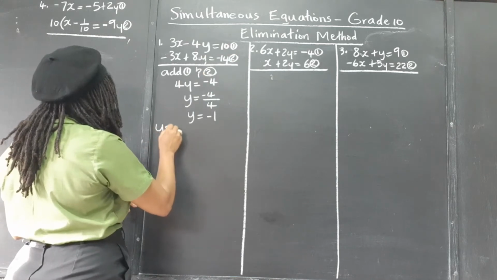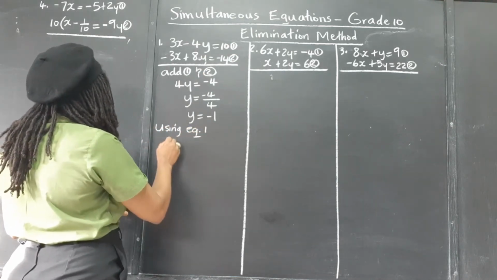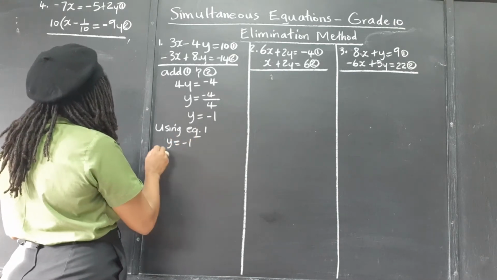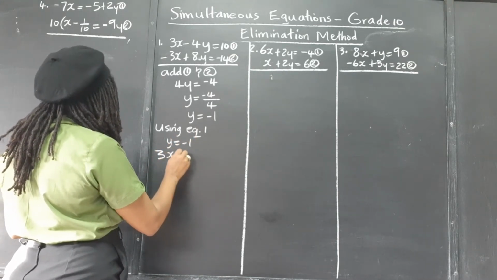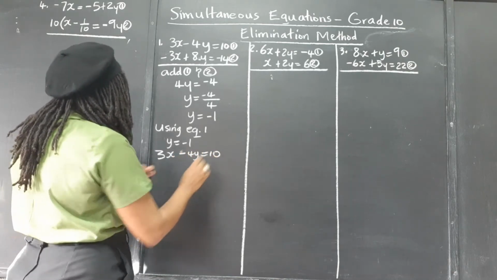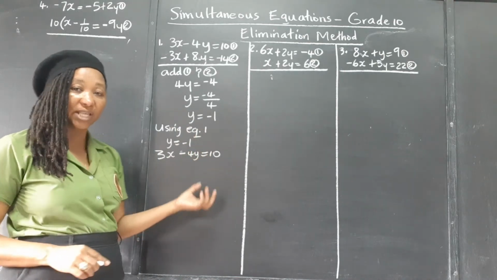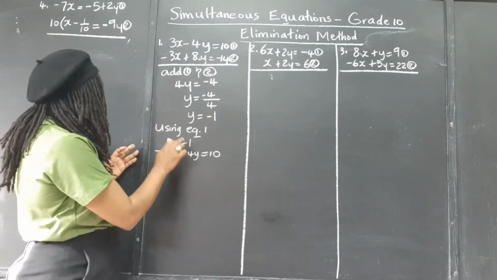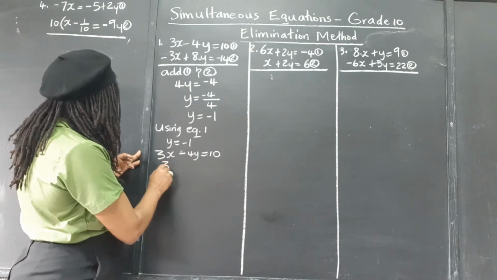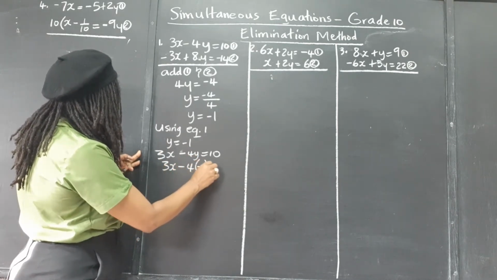So I'm going to say, using equation 1, where y is negative 1, and I write out what equation 1 is, so that we are very clear what we're doing each step of the way. So we're going to plug in negative 1 here. Put a bracket and plug in negative 1.